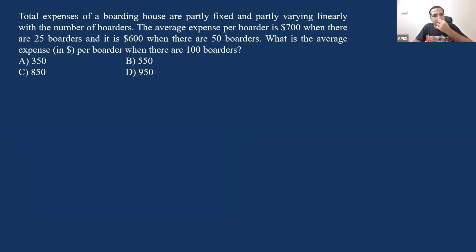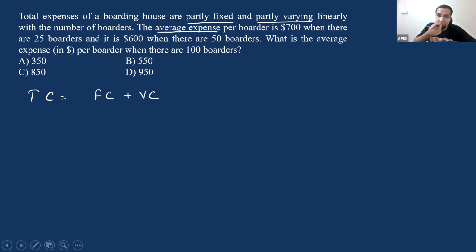Now, total expenses of a boarding house are partly fixed and partly varying, a standard model that we have already seen. Clear? Now, please understand, my total cost is equal to fixed cost plus variable cost, not the average cost. So what is the total? Sum total we know is average into number of terms.